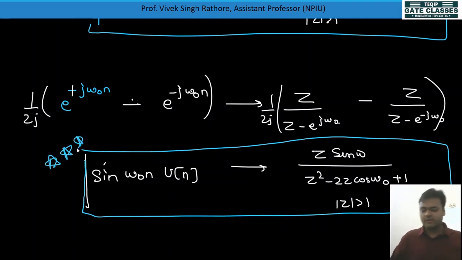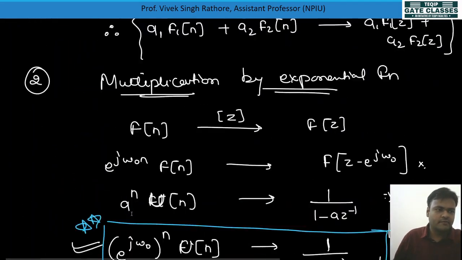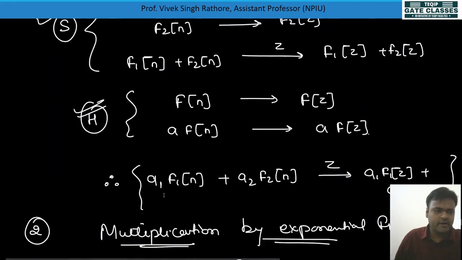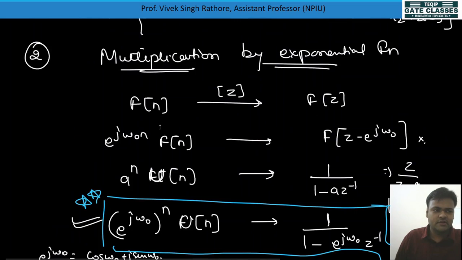So I think now you must have understood what we were discussing till now. First of all, the linearity property, and that property has been used in this also. First we saw multiplication by an exponential function, so e to the power j omega 0 n. I'll erase it, it is not of use.